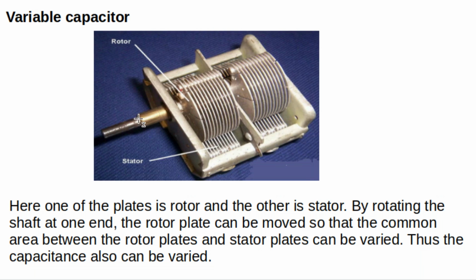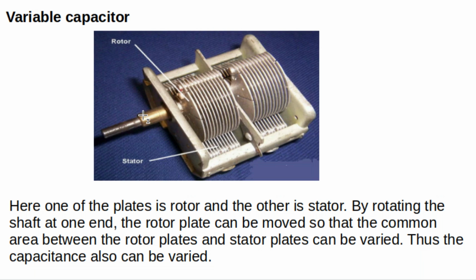When you rotate the shaft, these rotor plates will move inside the stator plates. So when you turn the shaft to one side, the rotor comes out of the stator plates so that the common area shared between the rotor plates and stator plates will reduce. That will reduce the value of capacitance.